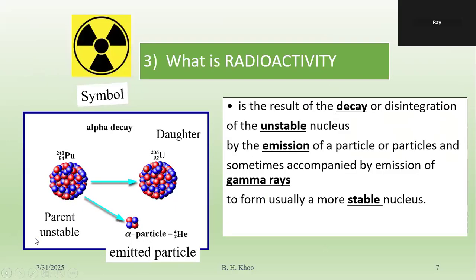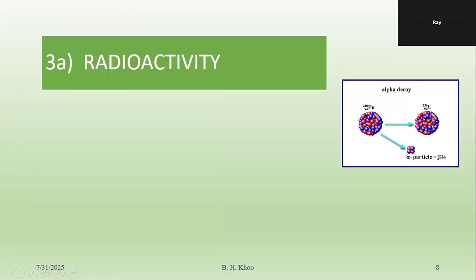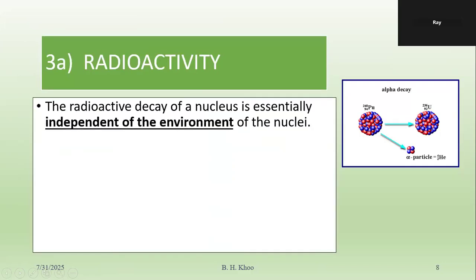The original nucleus is called the parent, unstable. It decays to the daughter. These two are different elements. Example, plutonium, and then this alpha particle. Radioactive decay of a nucleus is essentially independent of the environment of the nuclei.